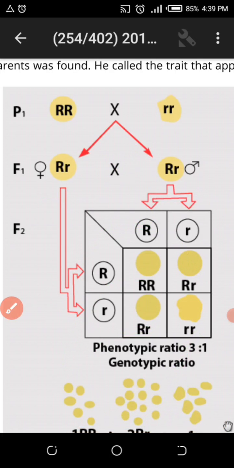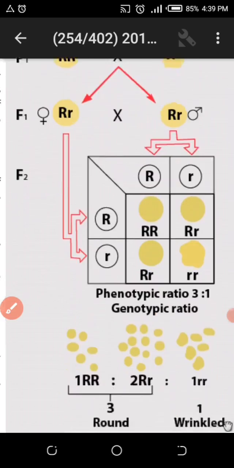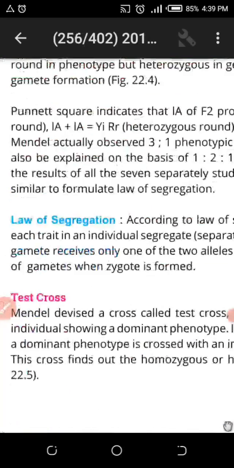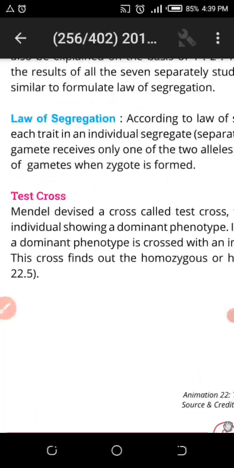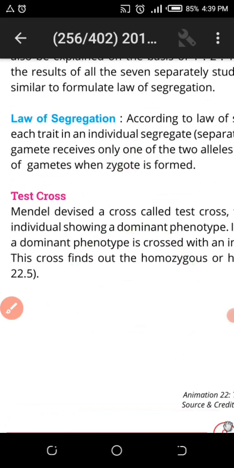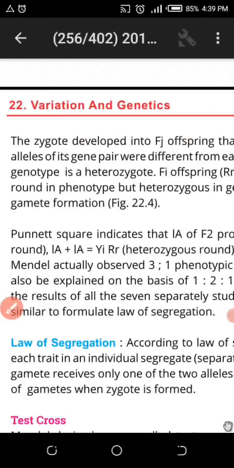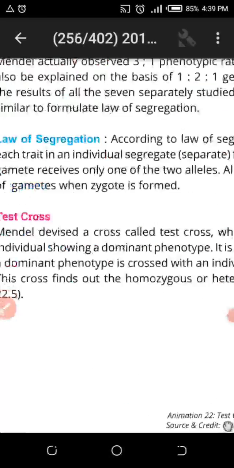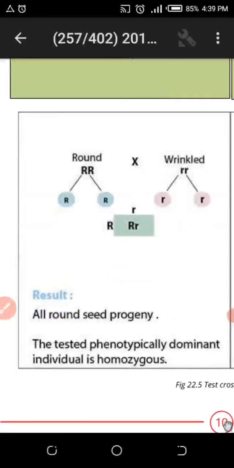So Mendel's law of segregation shows 3:1, but Mendel's law of independent assortment actually shows the variation, some new characters. The test cross was already taught in the classroom: when you want to identify the genotype of the dominant phenotype, this is a little difficult mathematically, but physically by doing an experiment you can point out which genotype is present for which phenotype.